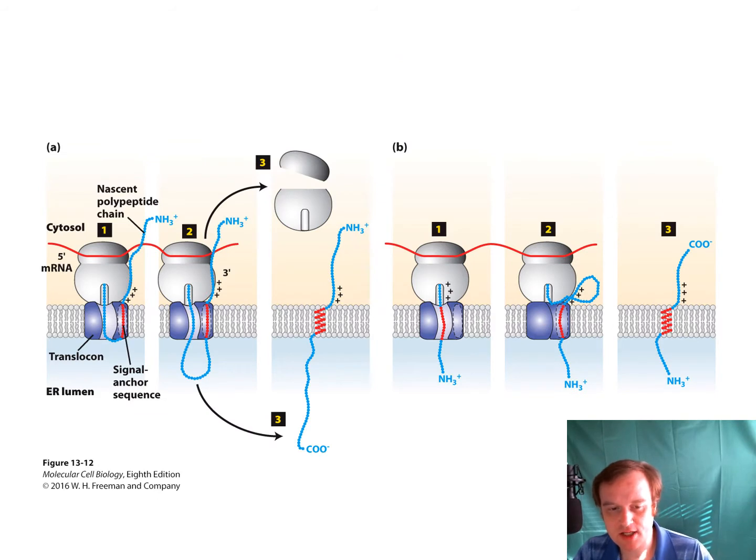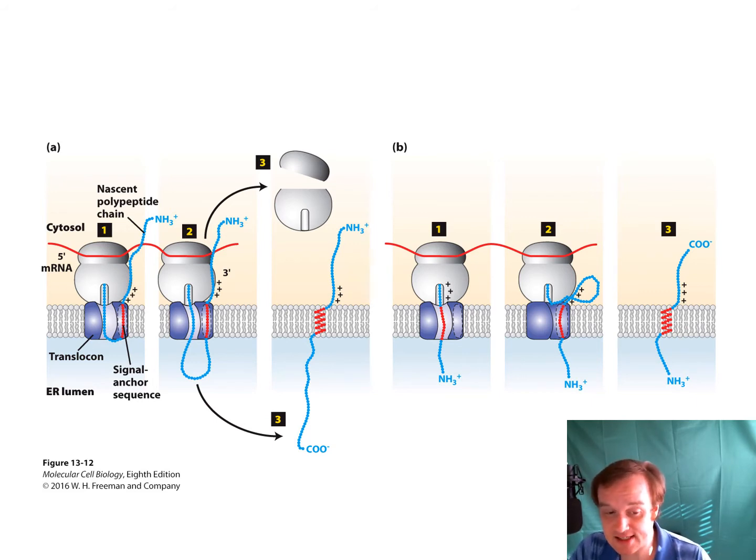Okay, let's talk about type 2 and type 3 single pass transmembrane proteins. And so unlike our example of type 1, these proteins lack a signaling sequence. So if you look at the last slide, there is a signaling sequence on the N-terminus that is cleaved off, and that tells the protein kind of how to orient.